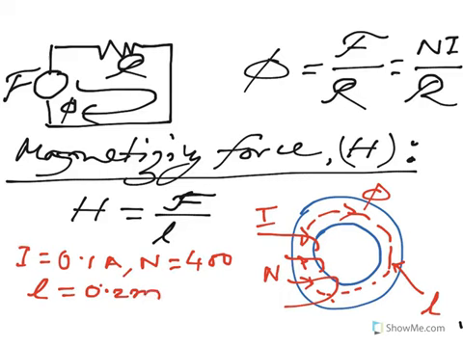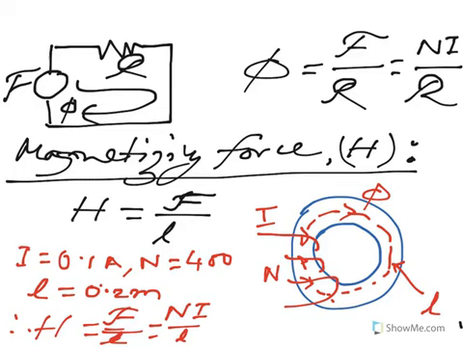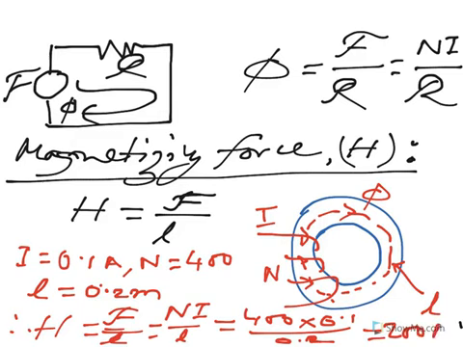then the magnetizing force will be H equal to F by L by definition, equal to Ni by L, which is 400 times 0.1 divided by 0.2, and that gives us 200 ampere turn per meter.